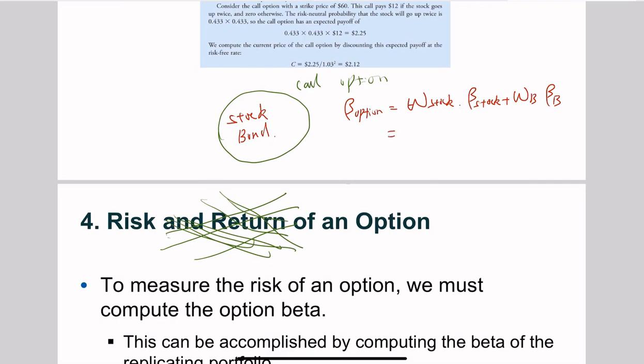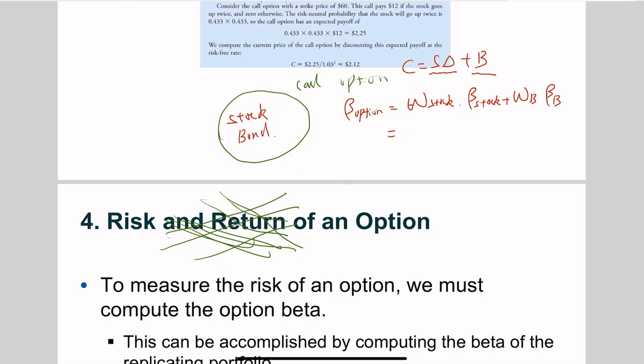Now, how do we find out the portfolio weight of the stock? Well, we know that call equals this, right? So S times delta is the value of your investment in the stock, and B is the value of your investment in the bond.